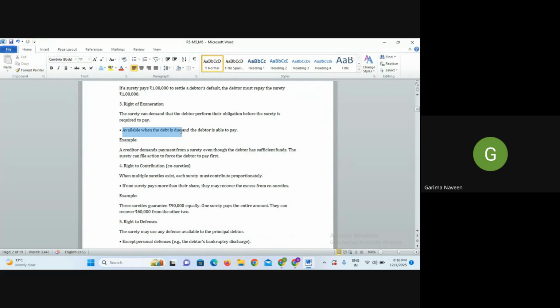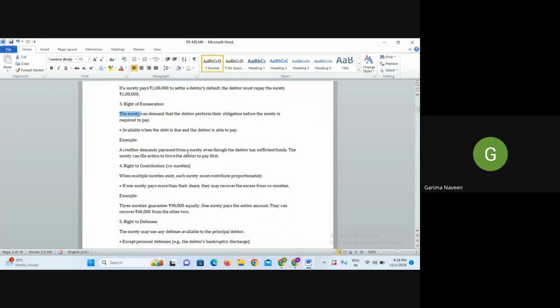It is available when the debt is due and the debtor is able to pay. So if someone comes to the surety and asks for repayment, then he has the right that he can first go to the debtor and ask that you should pay the creditor. Okay, so it is the right of a surety.